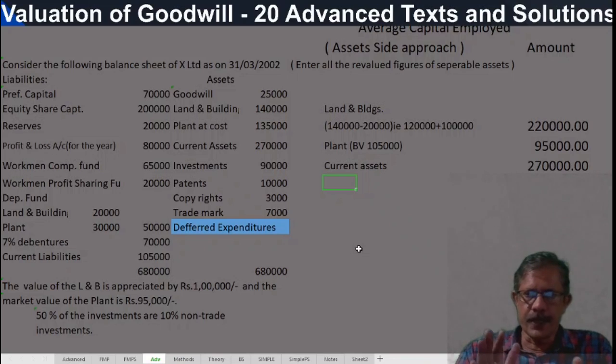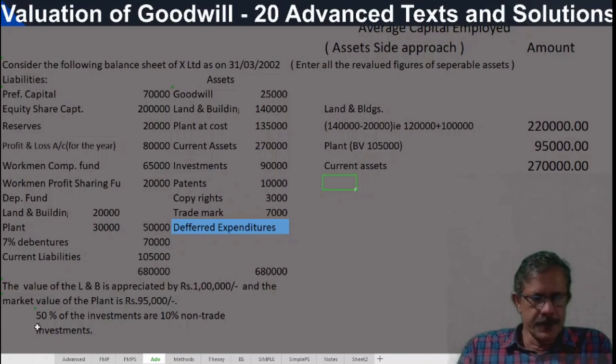Non-trade investments are not a part of trade, that is, operation. So the income from investment should be deducted from the year's profit while calculating FMB, and the amount of non-trade investments is not included as part of capital employed.